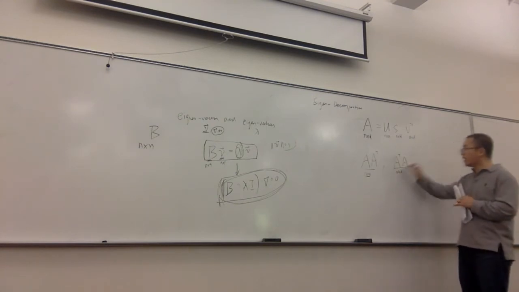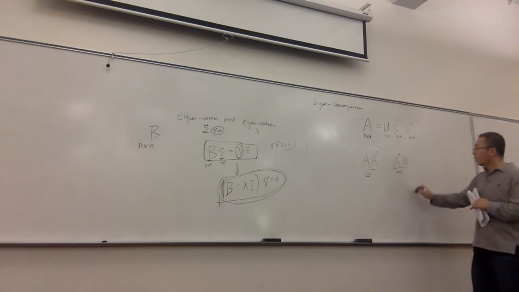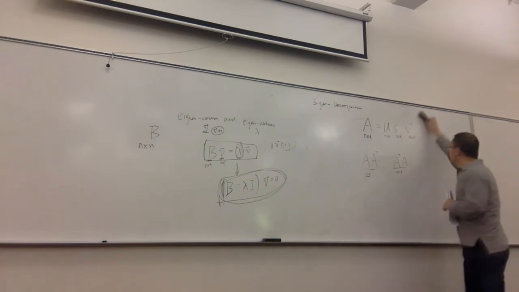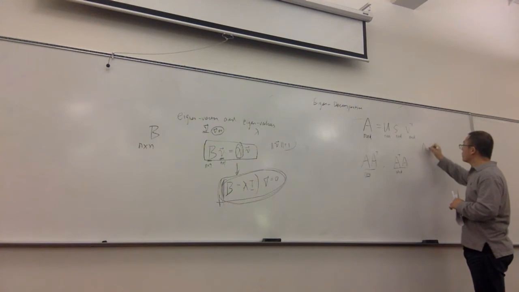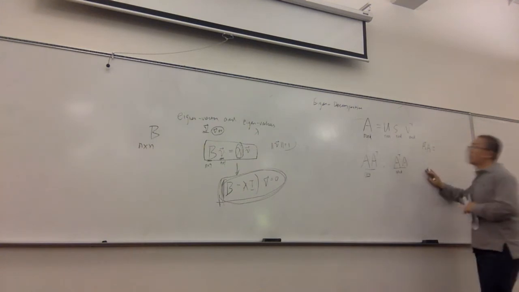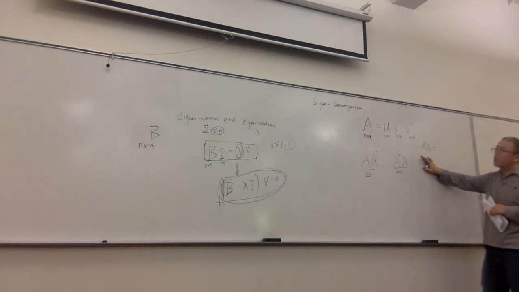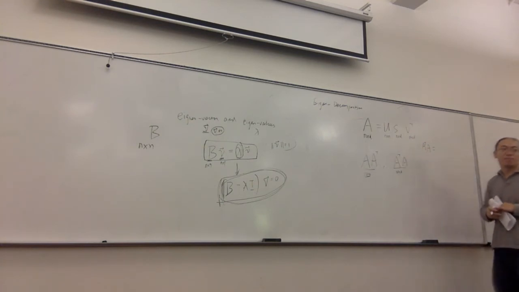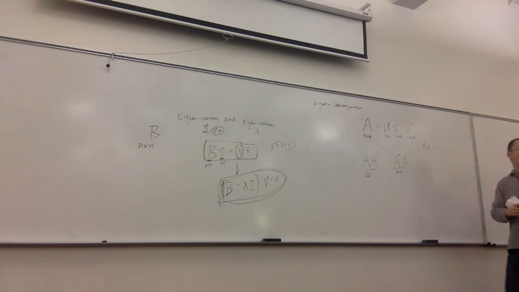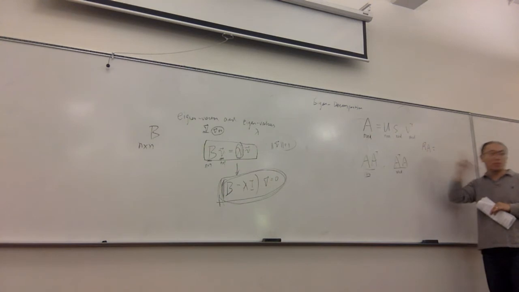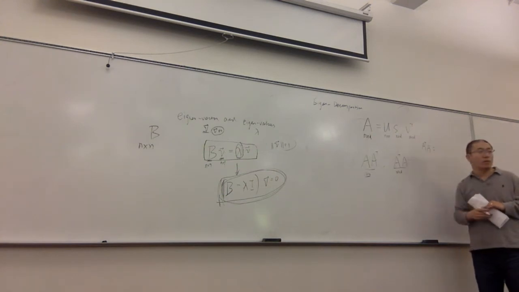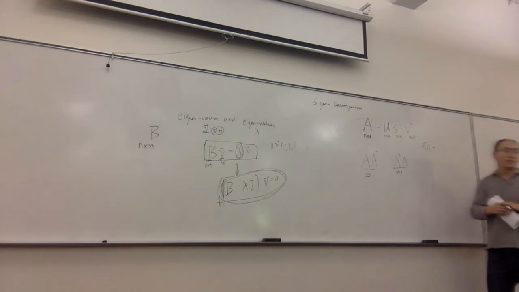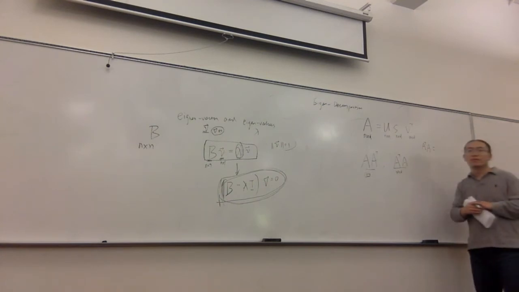So we can start with A transpose A. What is A transpose A? We can substitute A with its singular value decomposition, right? So then A transpose is what? Would it be U transpose S transpose V?